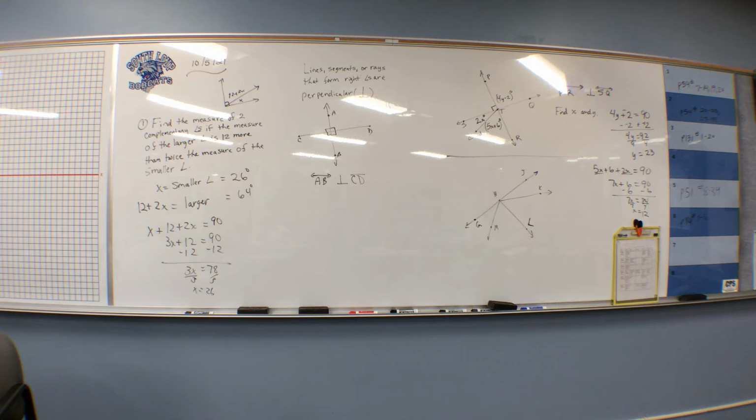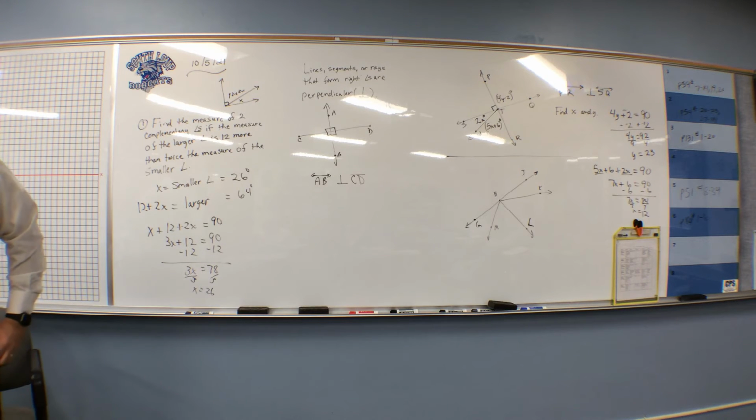Angle BFC. Write that down so you can see it. Angle BFC. What's vertical to it? Make sure you're using angle symbols. Vertical just means they cross from each other.